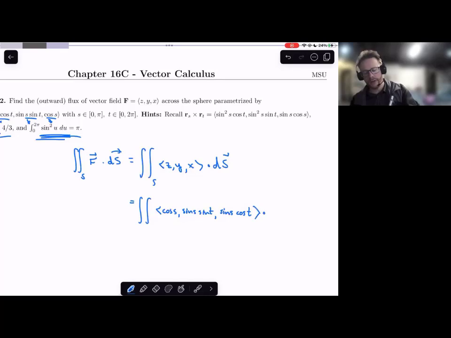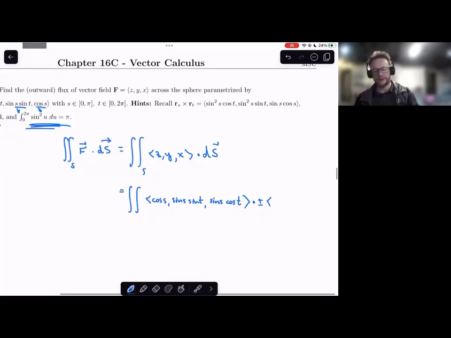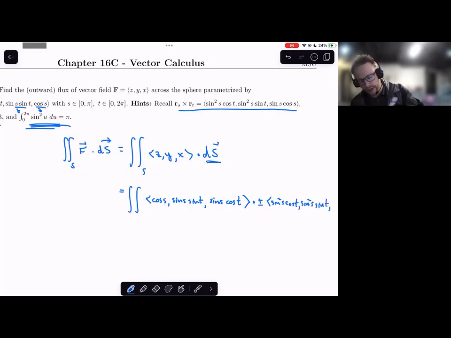I need to do a dot product with plus or minus, and this would be the r sub s cross r sub t. Now, luckily, that's given to me here. So r sub s cross r sub t is going to be my normal vector. Remember, this dot dS is going to be with a normal vector. And so we can go ahead and copy that: sine squared s cosine t, sine squared s sine t.